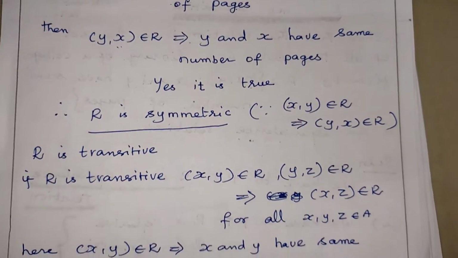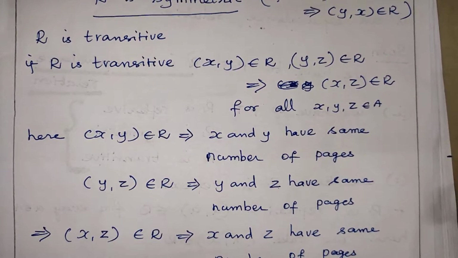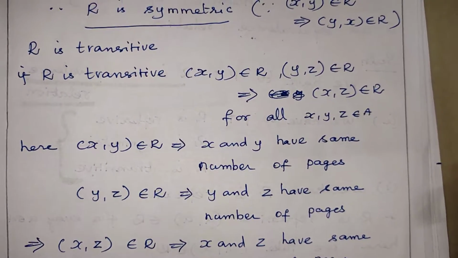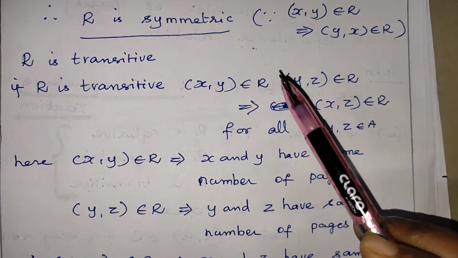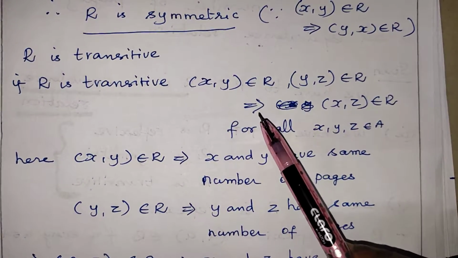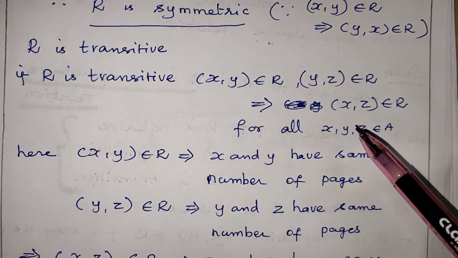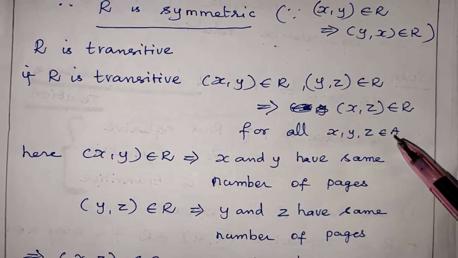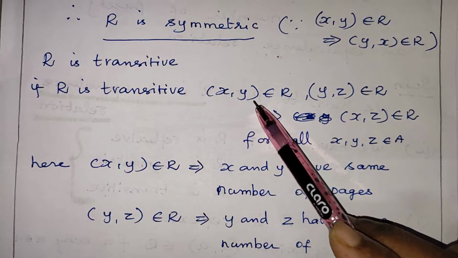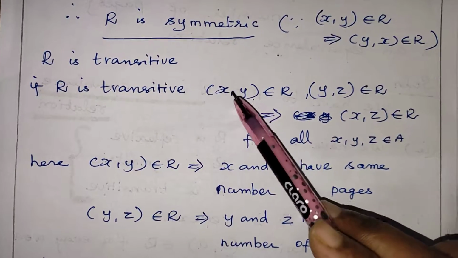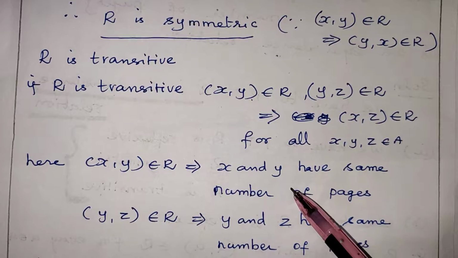Now the third one is R is transitive. We have to prove that R is transitive. If R is transitive, we know the condition: (x, y) belongs to R, (y, z) belongs to R, that implies (x, z) belongs to R, for all x, y, z belongs to the given set A. Here (x, y) belongs to R means, from the given relation condition, x is one book, y is another book, and they have the same number of pages.